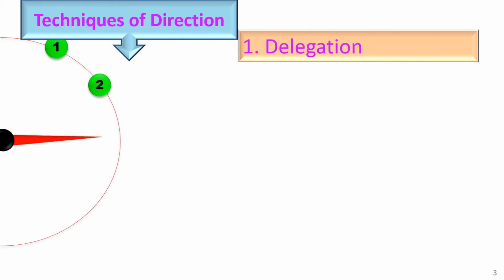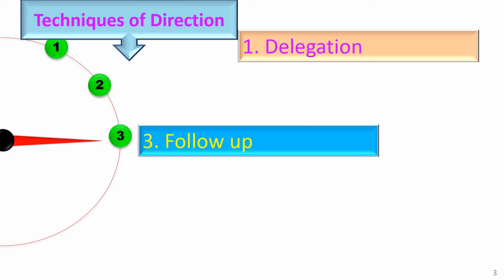The first point is delegation. Delegation means some tasks are assigned by a superior to subordinates with certain rights and powers.